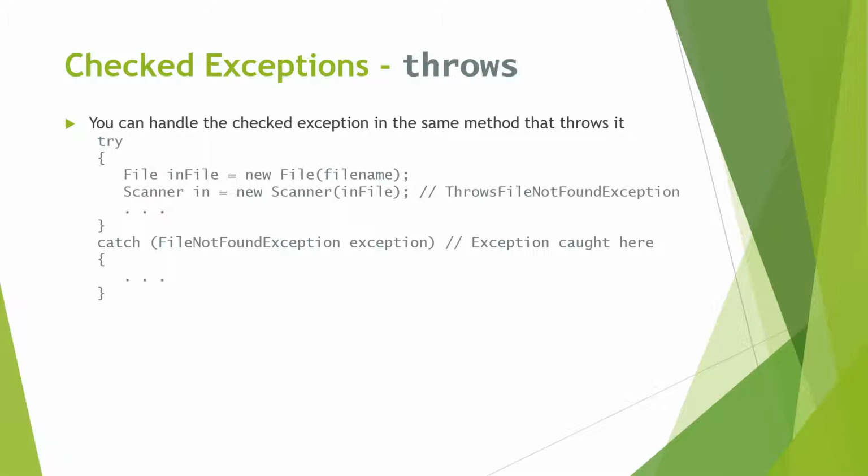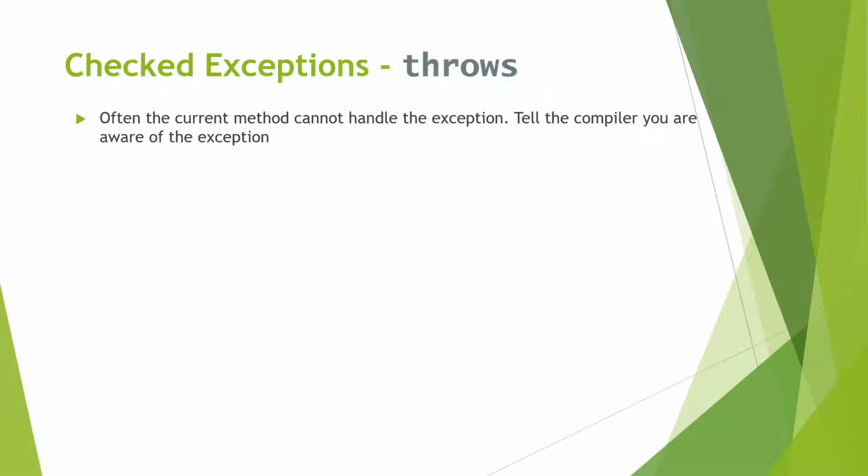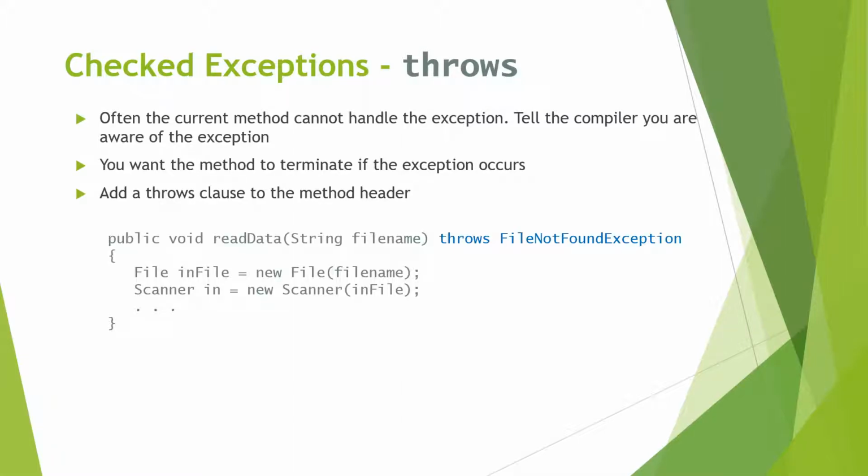This is a simple scenario. Now in this slide, I'm going to show you a more complicated scenario that uses a keyword in Java, which is throws. Let's see how it works.